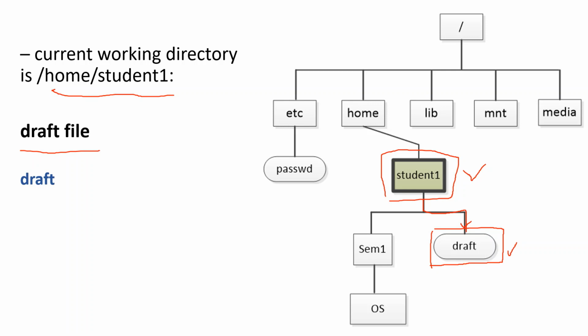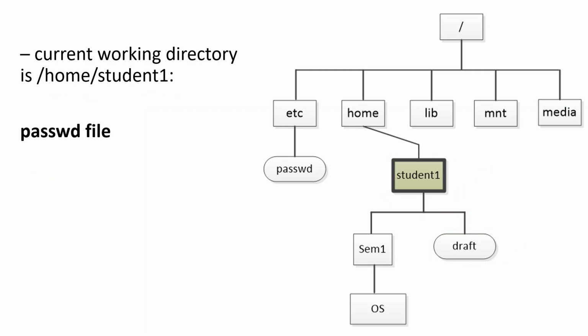Okay, right, we can also look at another example where we use the double dot. Here it is the password file. The password file is located in the etc directory, and now we are in student1. What is the path from student1?